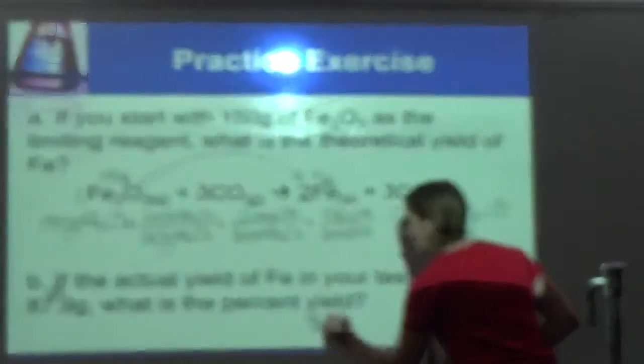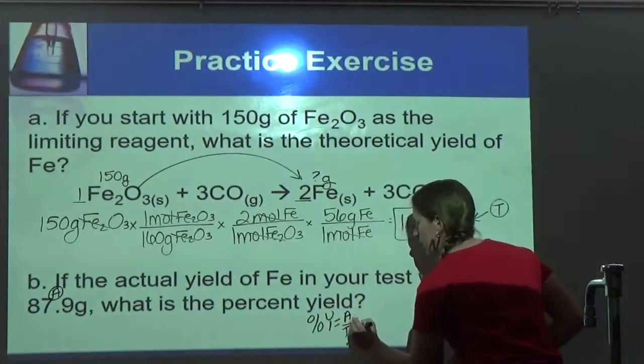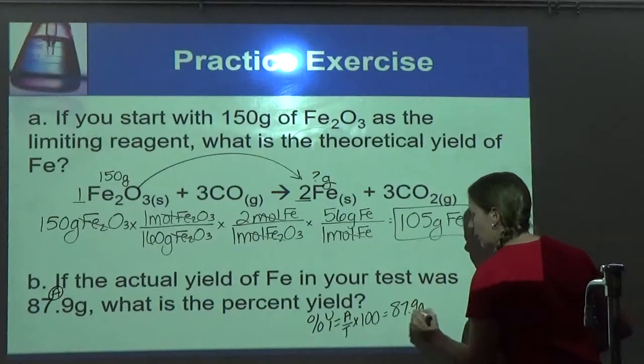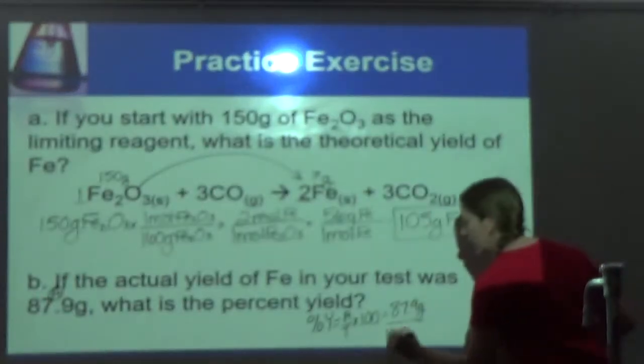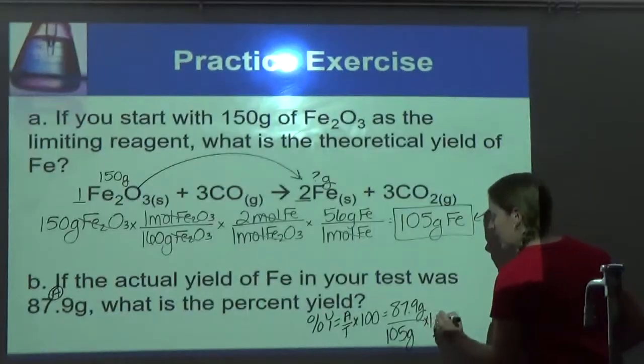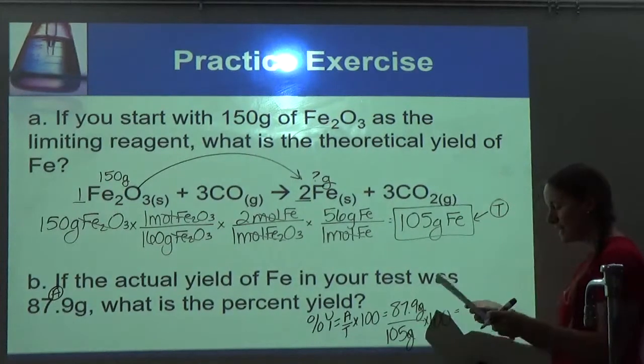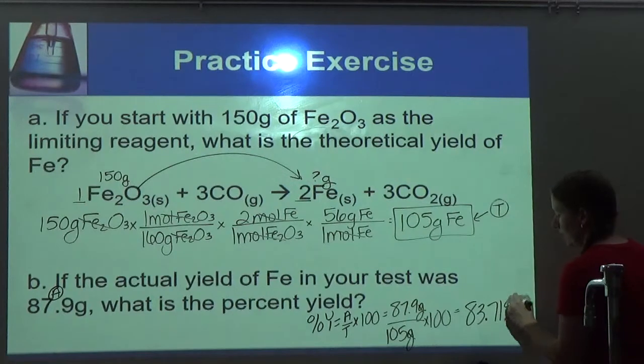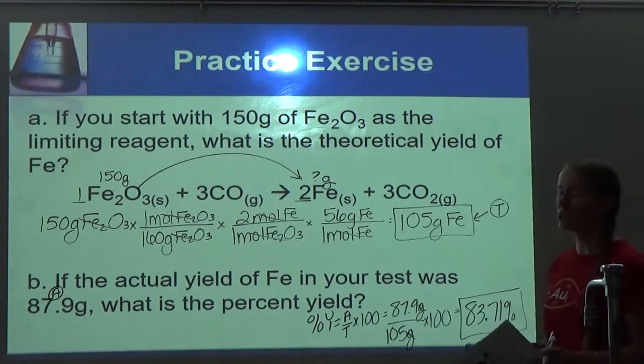Okay, so we know percent yield is actual over theoretical times 100. So my actual is 87.9 grams. My theoretical we calculated was 105 grams times 100. Those grams cancel. And so we get about 83.71. And then our unit for percent yield is percent.